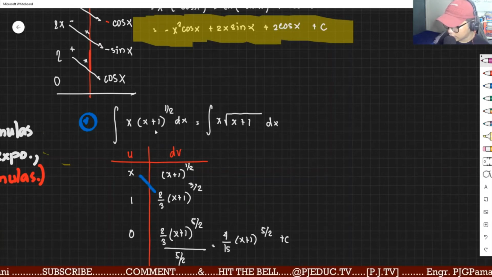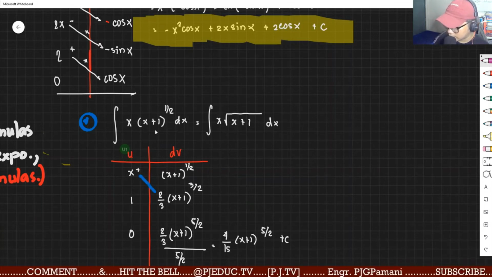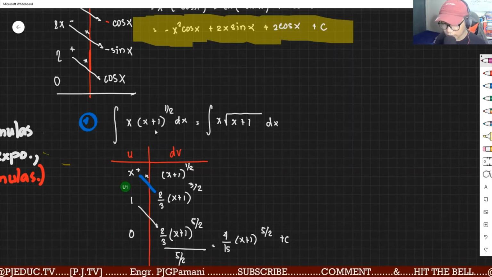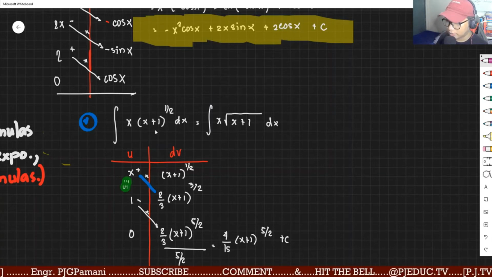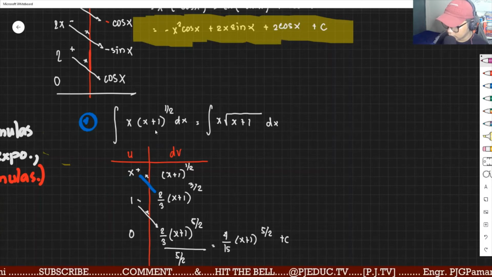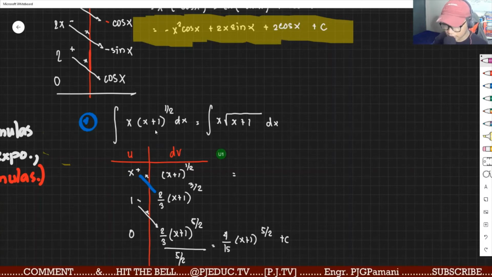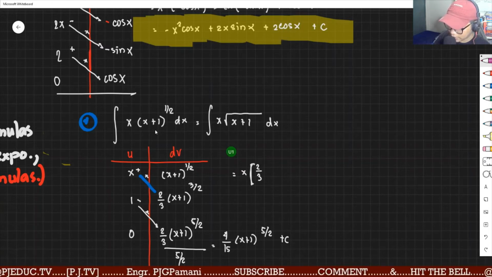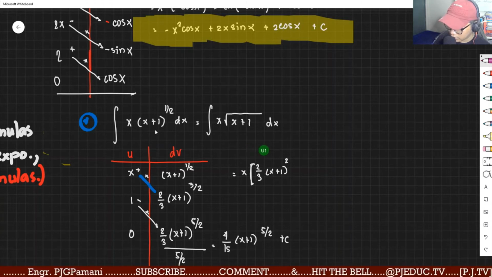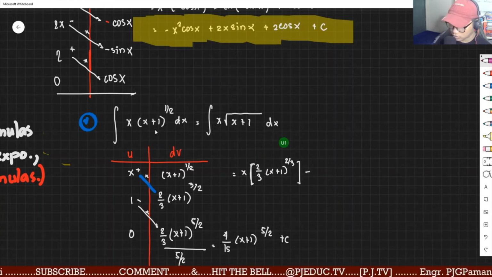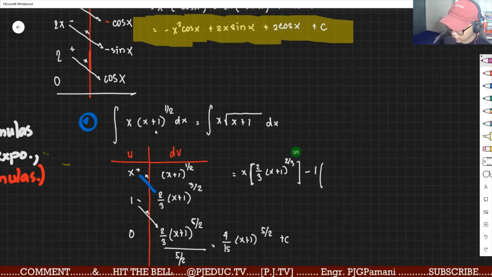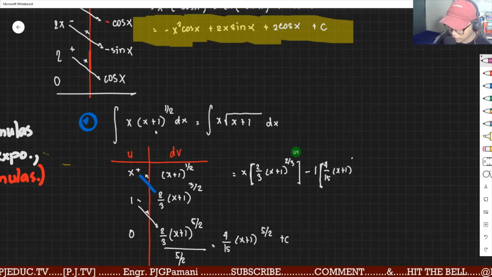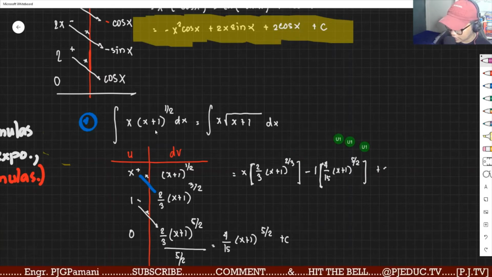First row to second row, positive and multiply. Second row to the last row, minus and multiply. Okay? Combine all terms. x times 2/3 of x plus 1 raised to 3/2, minus 1 times 4 over 15 of x plus 1 raised to 5 halves plus c.